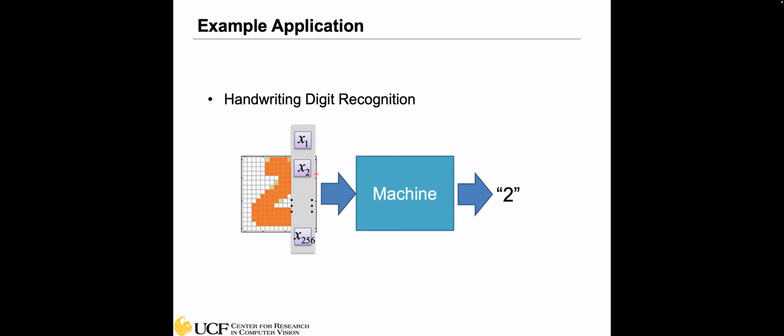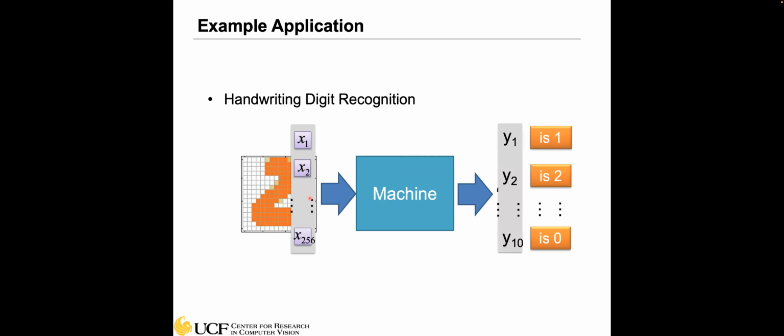For the machine to examine this digit image, the machine will read it as a matrix composed of individual pixel values. Let's say this is a 16 by 16 image. If we vectorize this image into a long vector, it has 256 elements, from x1 to x256.